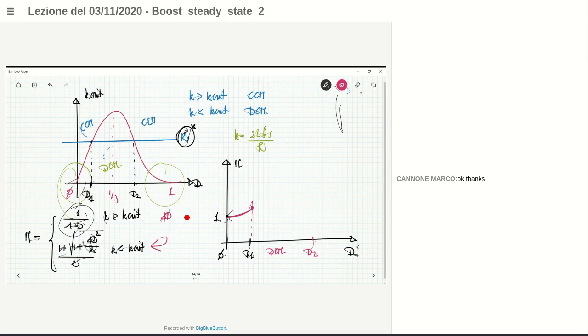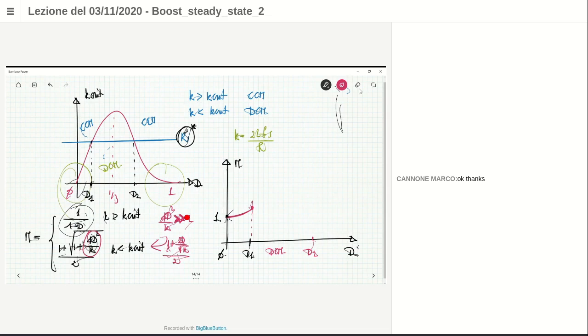Anytime D squared over K is well lower than 1, sorry, it's well higher than 1, okay? When this part here is lower than 1, then you can approximate M in this way, 1 plus D divided square K over 2.